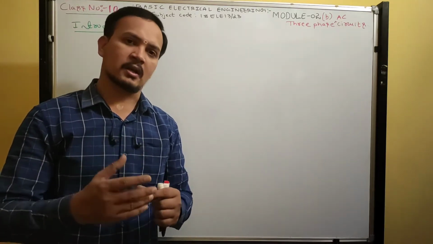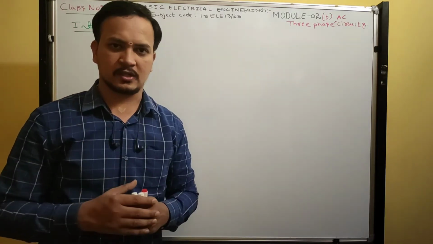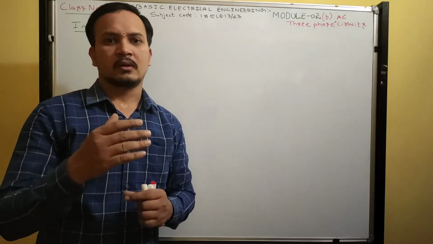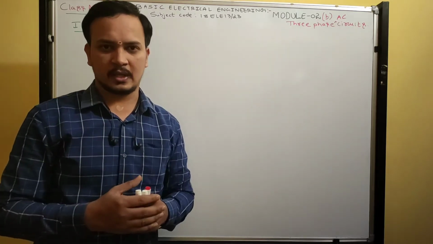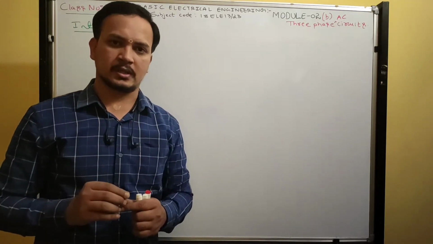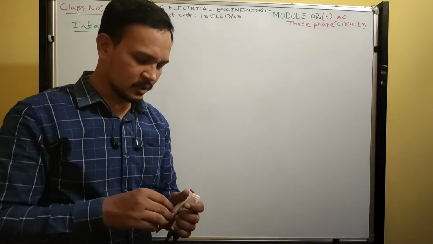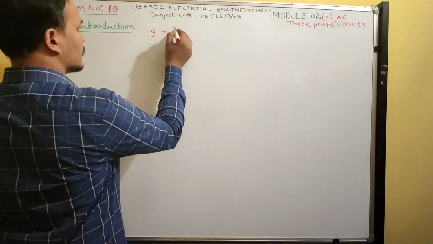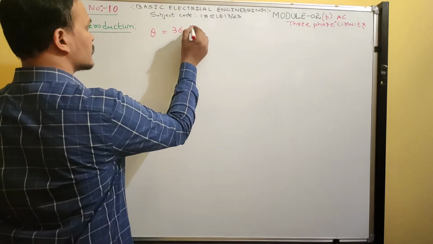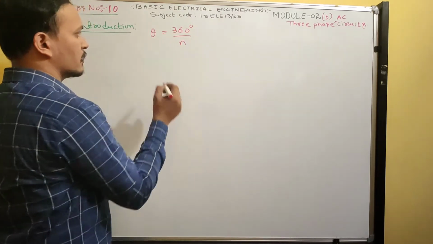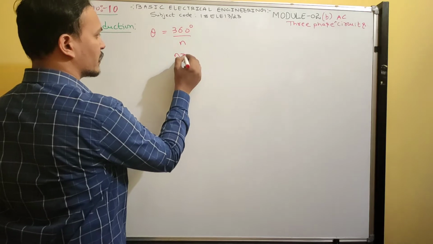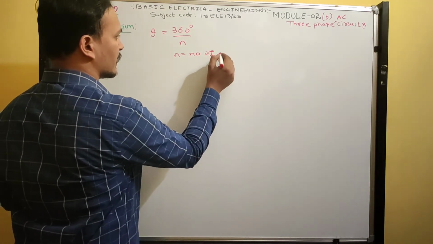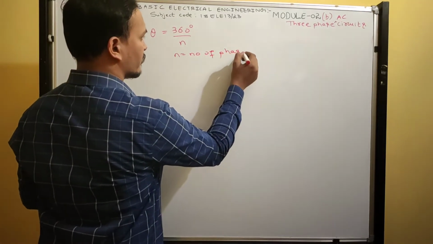In general, for a polyphase supply system, there will be a number of phase voltages, and all those phase voltages are displaced by theta degrees, given by theta equals 360 degrees divided by n. Here n indicates the number of phases.